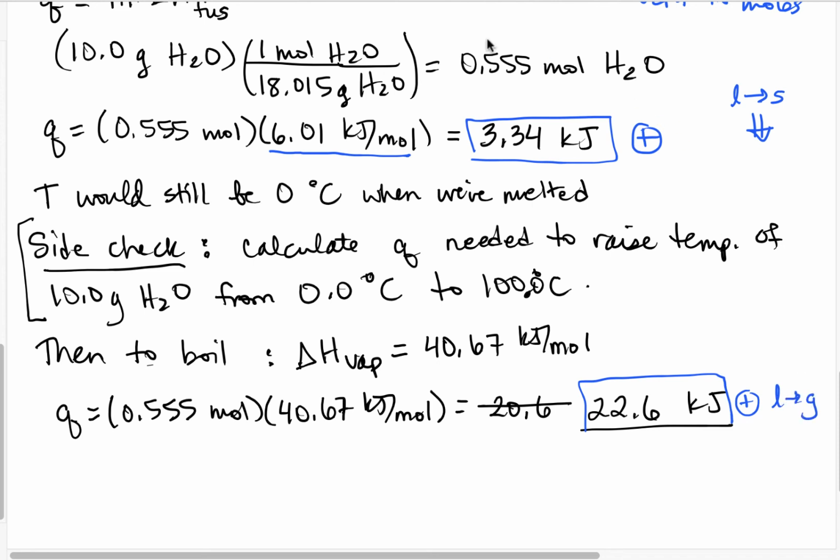And up here, this is the amount of energy that's going from a solid to a liquid. Take a look at these two numbers here. This is very interesting to me. It takes a lot more energy to go from a liquid to a gas than it does for a solid to a liquid.